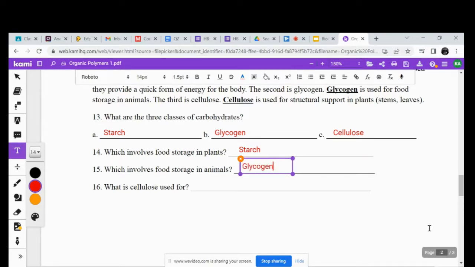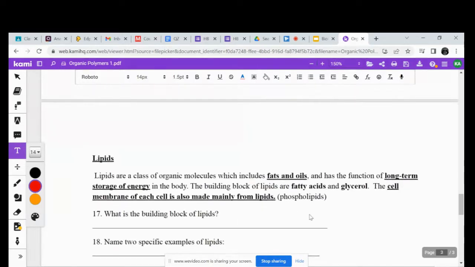So us animals, we store our energy in a sugar called glycogen, and cellulose is used for the structure of plants. It's what gives them their structure, the limbs and the bark and the leaves. So it's not for energy for the plants. It's what actually builds the body of the plants.